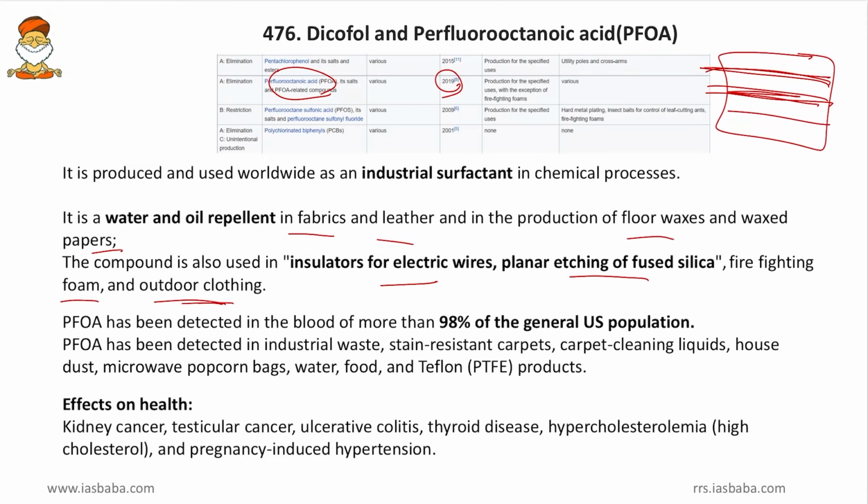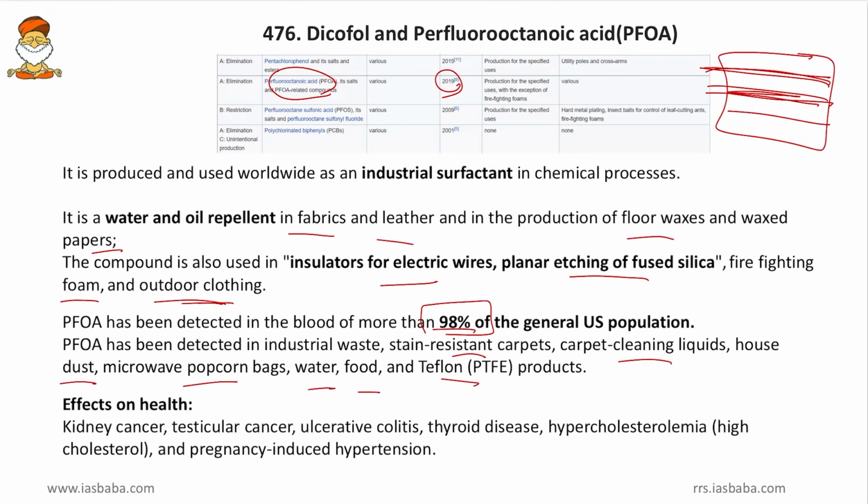Then perfluorooctanoic acid has been detected in the blood of more than 98% of the general US population. So to a huge extent of 98%, this has already entered the human food web. Then perfluorooctanoic acid has been detected in industrial waste, and it is in stain resistant carpets, carpet cleaning liquids, house dust, microwave popcorn bags, then water, food and Teflon products.